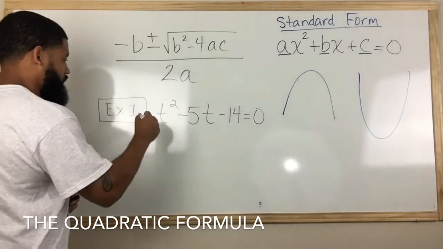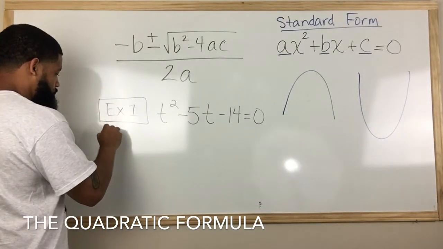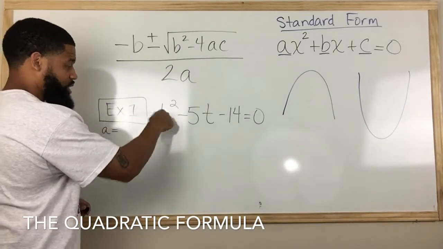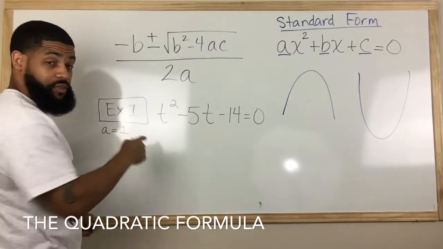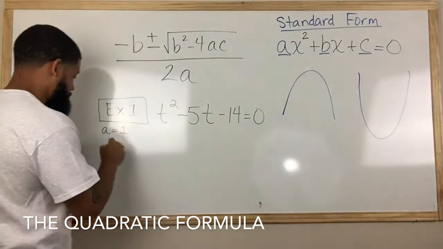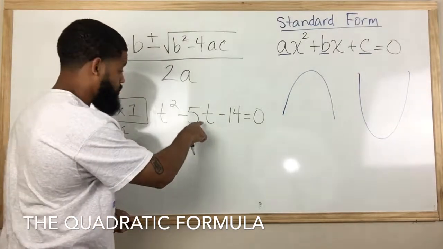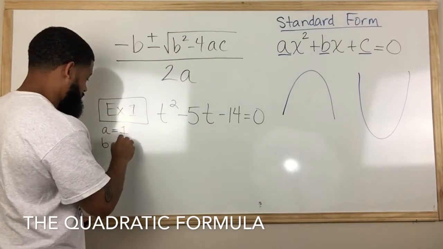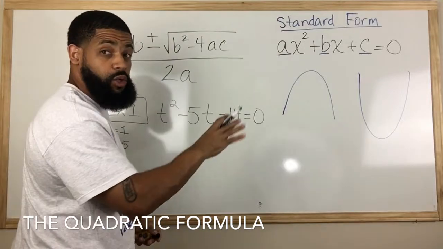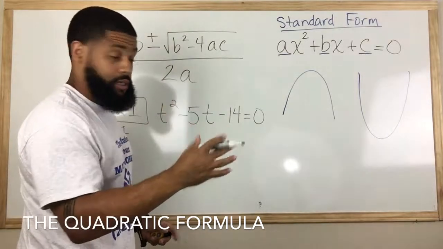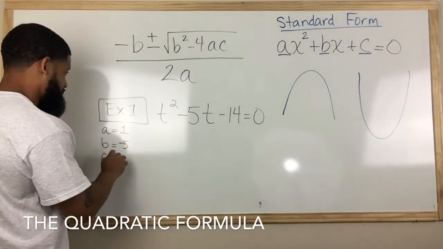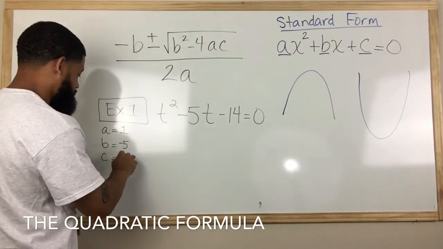Okay, so in this case, a is going to be the coefficient of t squared. So there's no number in front of that, so a is considered to be 1. B is the coefficient of t. So it's negative 5. Remember, that negative sign goes with the number to its right. And then c in this case is negative 14.